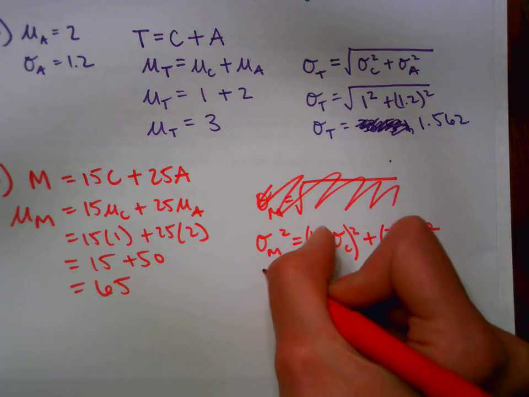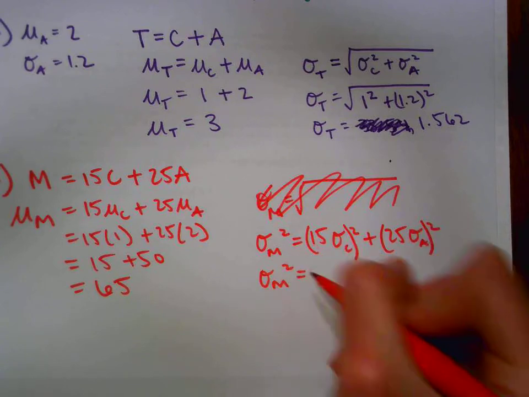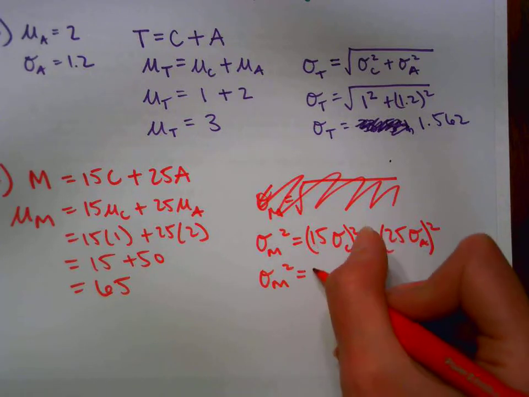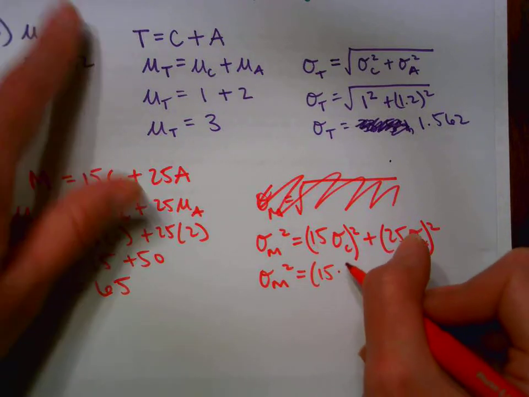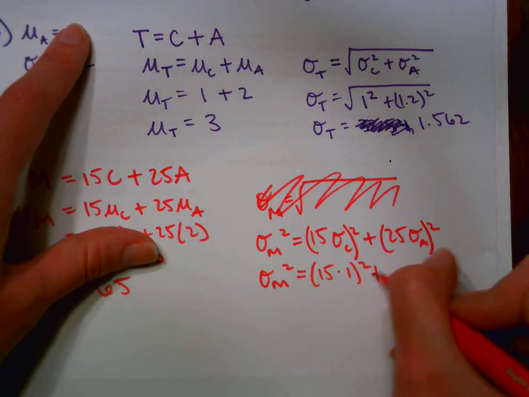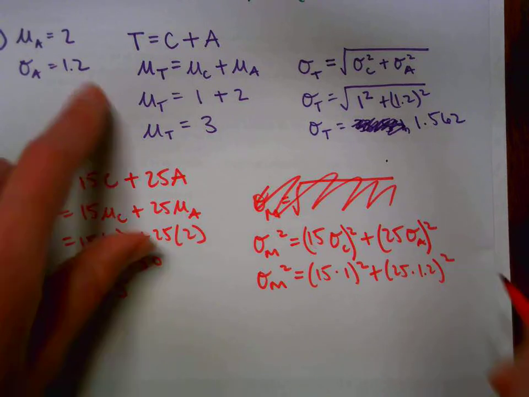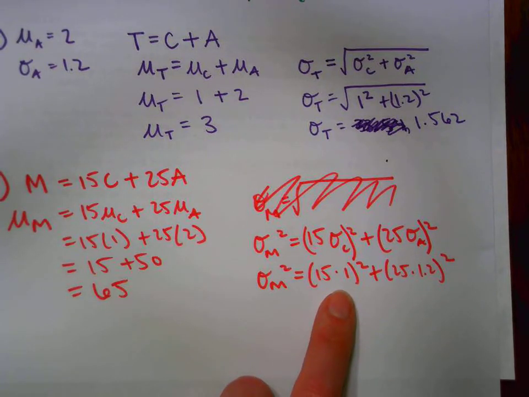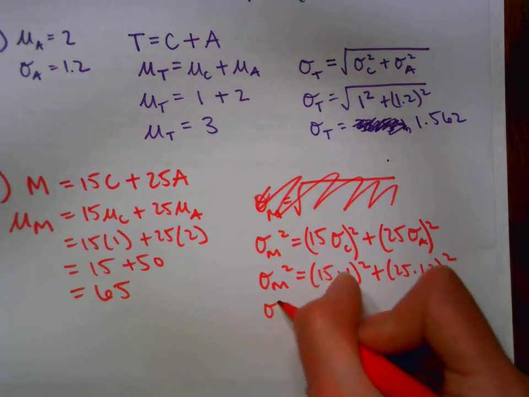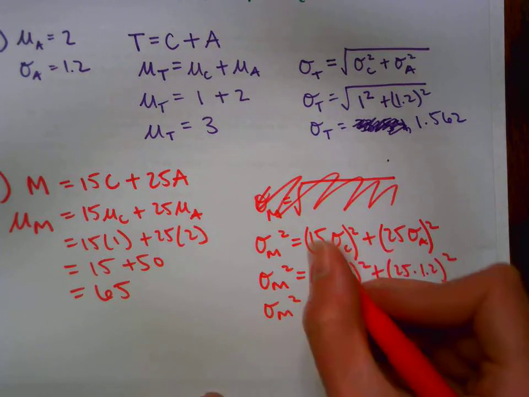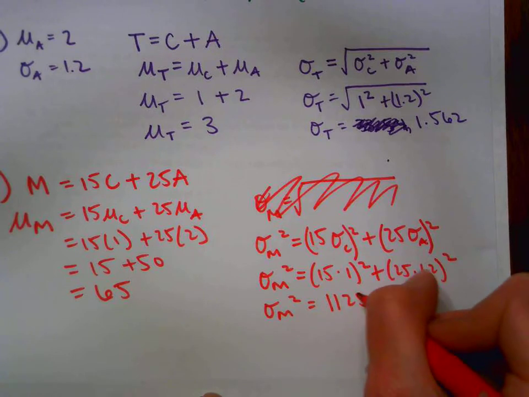And so then we could plug in our numbers. So it would be 15 times the standard deviation of C, which is 1, plus 25 times the standard deviation of A, which is 1.2. And this would be 1,125.